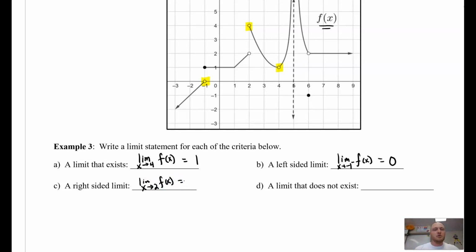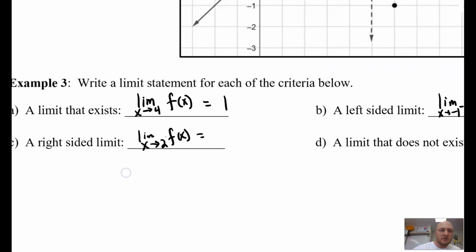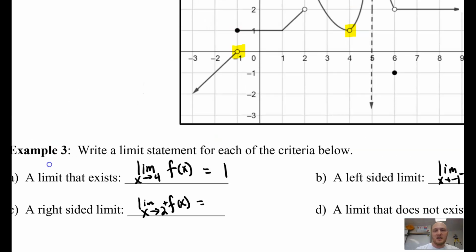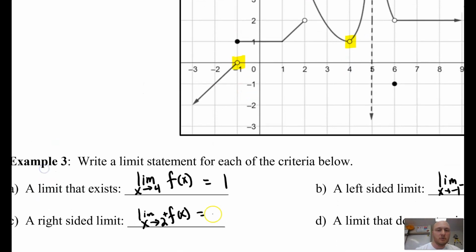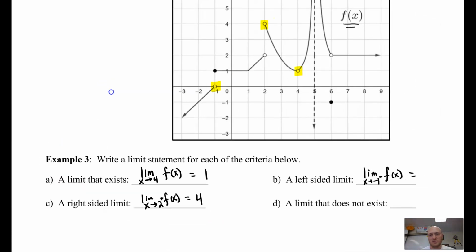You can do it both ways, but I think it's a good idea when you're thinking notation: you don't want a naked limit. You don't want to leave out information on your limit. So the limit of f of x as x approaches 2, and we want from the right. So I'm going to add in a little plus right there. Okay, it is equal to 4.